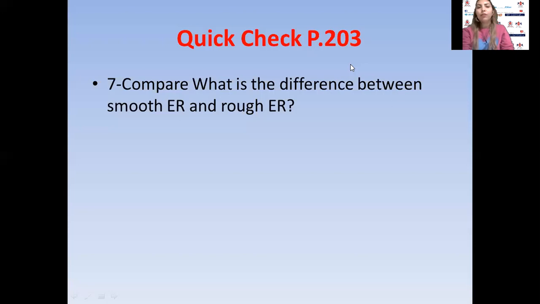Okay, very good. And the rough ER has ribosomes attached to it, and the ribosomes make proteins. Yes. So the smooth one makes lipids and the rough makes proteins, because of ribosomes. Thank you so much. Well done. Correct answer and full answer.